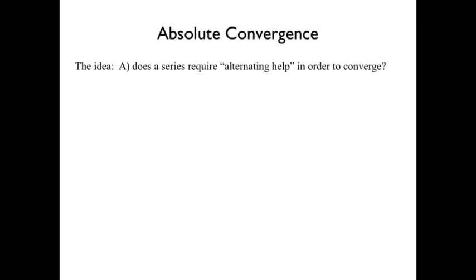Okay, let's talk about something called absolute convergence. The idea with absolute convergence is, does a series require this alternating help in order to converge? Or will the series converge whether or not some terms are negative? It doesn't matter that some of the terms are negative, it's still going to converge anyway.